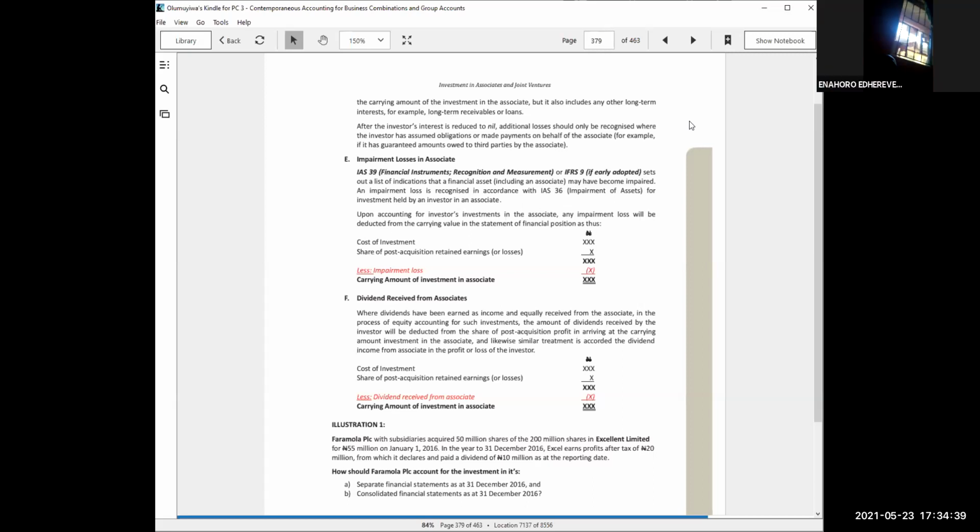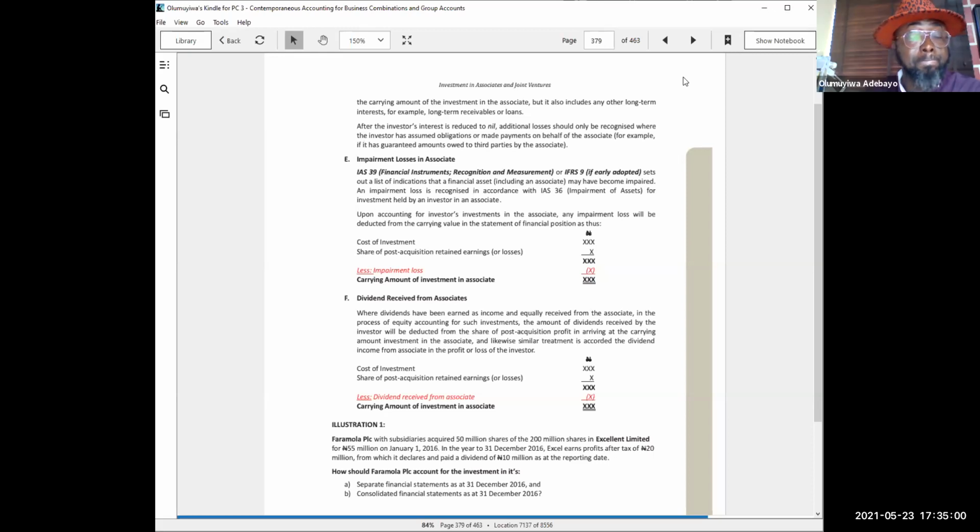Okay, just based on what you said, that the investment in associates cannot go below 0, except in a situation where the parent has guaranteed some maybe loan repayment or receivable or whatever.